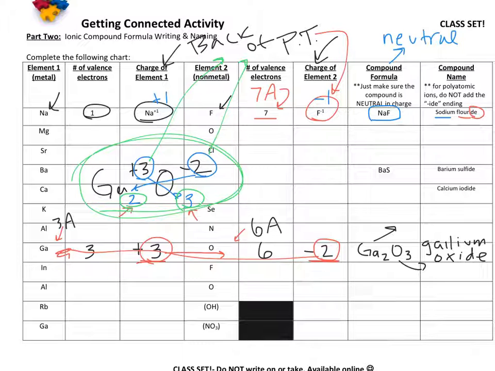All right, the last one we're going to go over is the very last one here. We already did gallium, and we said gallium has a +3 charge. Now we're going to hook them up with a polyatomic ion. You can see those on the back of your periodic table as well, in that chart right above the ions.